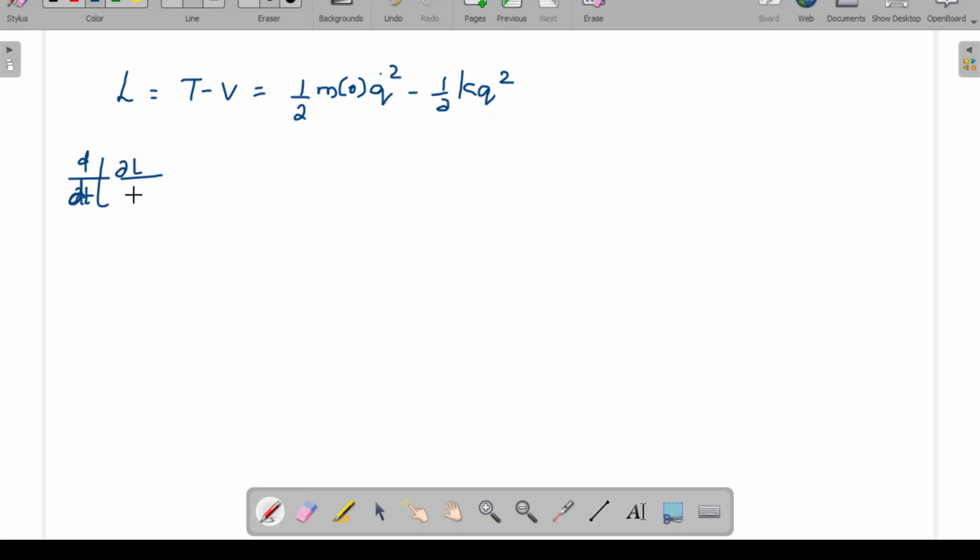dou L by dou q dot minus dou L by dou q is equal to 0.